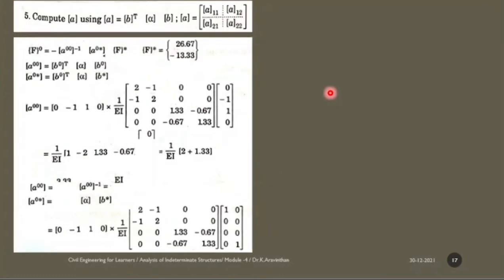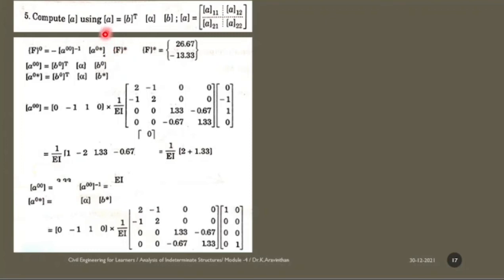Now what is step 5? Compute A matrix. How to find that? See, you have to find F naught, and F naught is minus A naught naught inverse A naught star and F star.